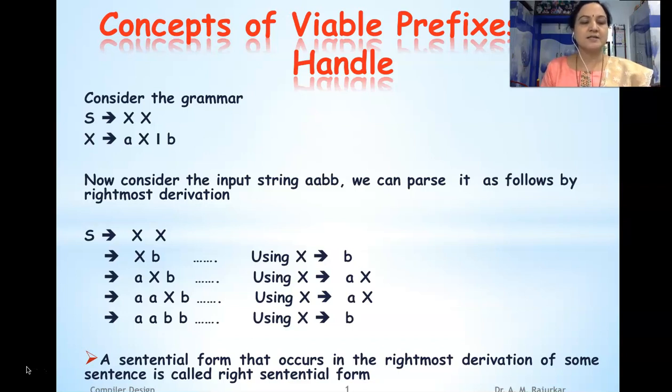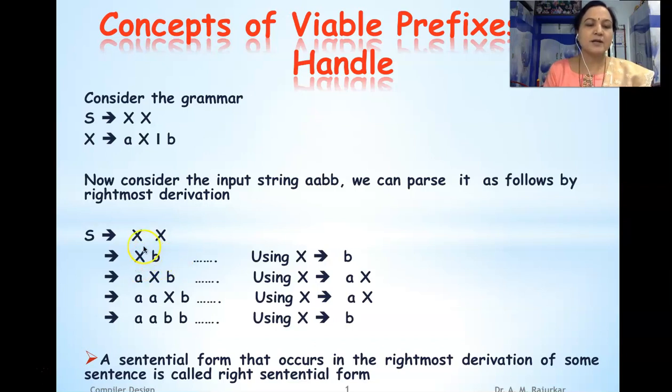So start with the start symbol of grammar, S tends to XX. Then scan this right hand side of the production from right to left. The first non-terminal we come across is capital X. So this non-terminal we are going to replace with the production X tends to B. So this X is replaced by B using the production X tends to B. Then scan again this right hand side from right to left.